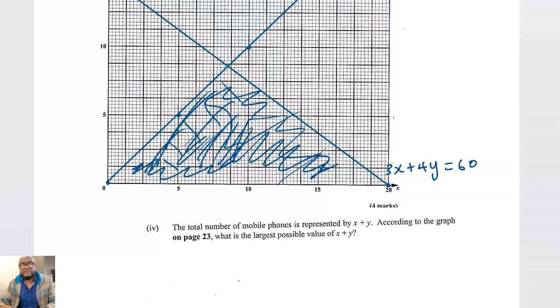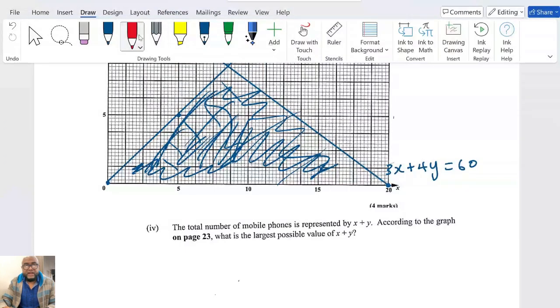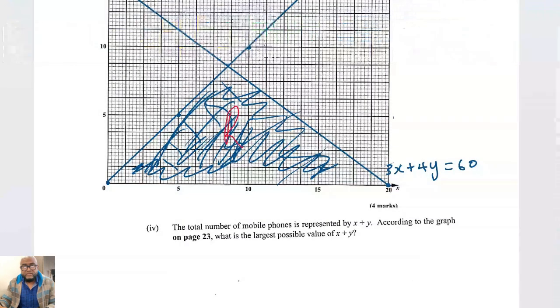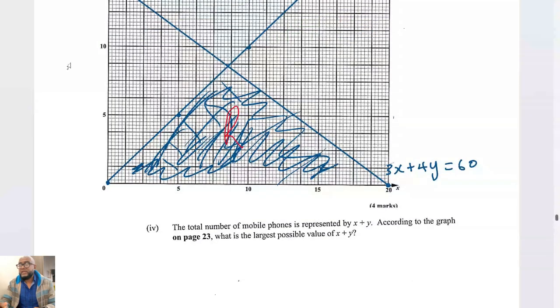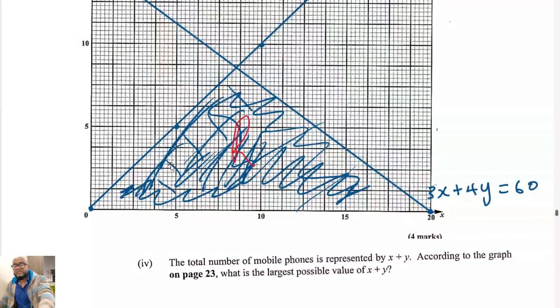This is the region, and we'll call it R. They didn't say to shade it, I just shaded it. Okay, this is R. You all catch it?